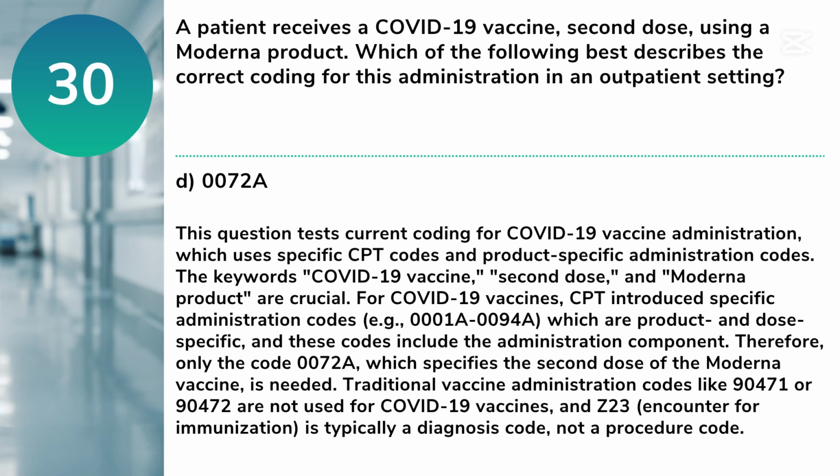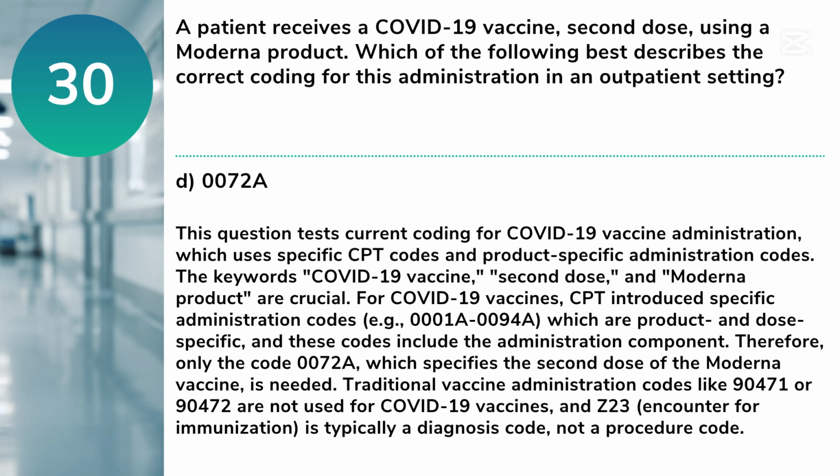This question tests current coding for COVID-19 vaccine administration, which uses specific CPT codes and product-specific administration codes. The keywords COVID-19 vaccine, second dose, and Moderna product are crucial. For COVID-19 vaccines, CPT introduced specific administration codes, e.g., 0001A, 0094A, which are product and dose specific, and these codes include the administration component.